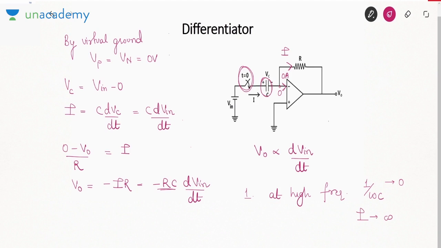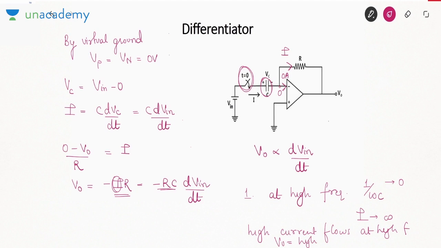This current I will become very high if the impedance of the capacitance is very low. That means high current flows at high frequency. This is fine. And you know that V0 is minus IR. If current is high, V0 will also be high. That means V0 will be very high at high frequency.